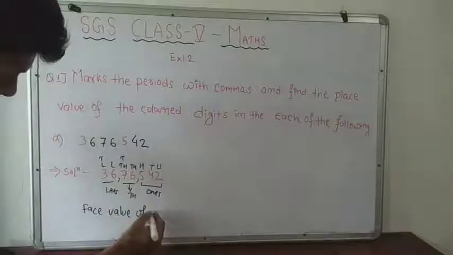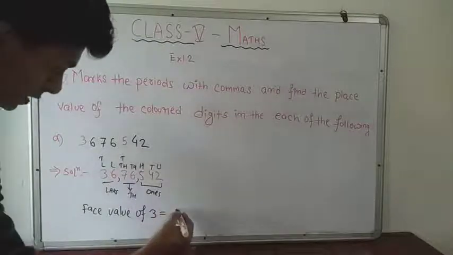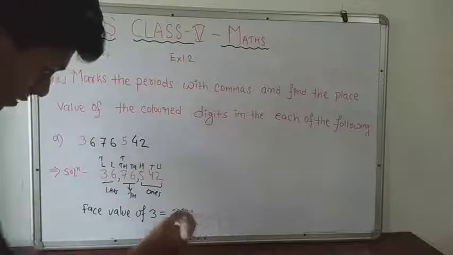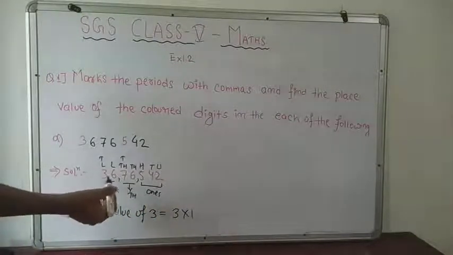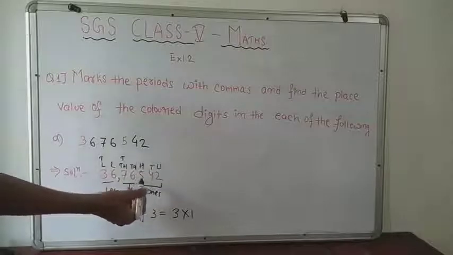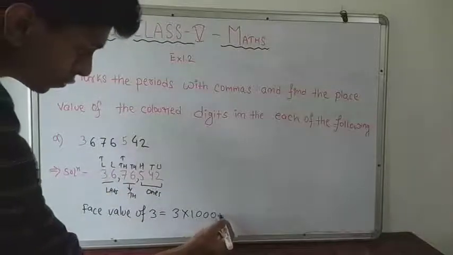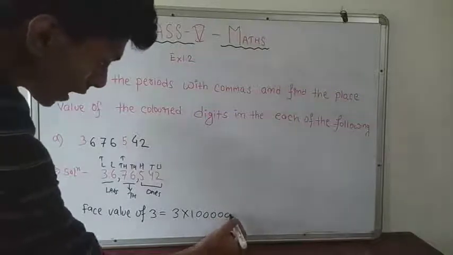The place value of 3 is equal to: first we write down the digit itself and multiply it with its place. And how many places should we count? We should count from the right onward: 1, 2, 3, 4, 5, 6.